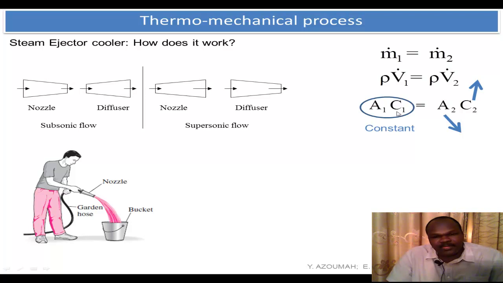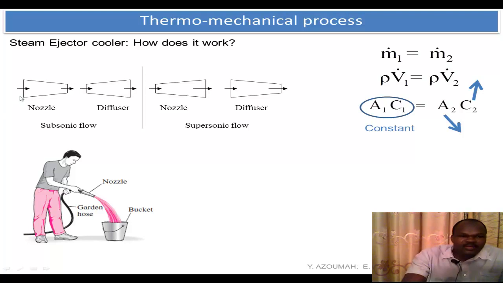Okay? So the consequence is that in the nozzle, as the fluid is moving and you are reducing the surface area, you are increasing the velocity. And that's what you experience in the water hose. It's a nozzle. If you don't have a nozzle, just put your finger at the exit of the water and you'll be reducing A2. That's increasing the water flow, the velocity, C2.